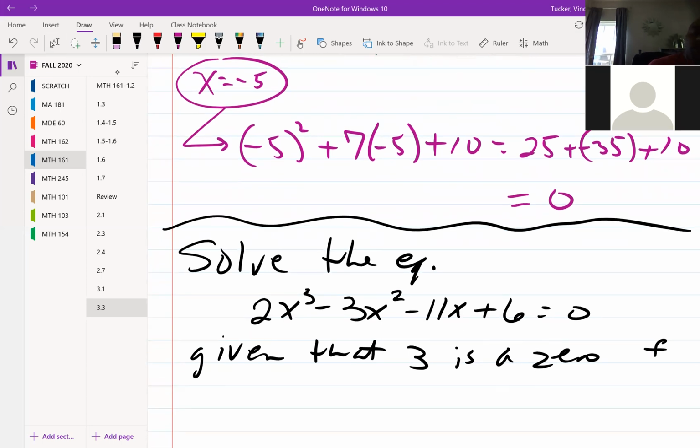Let's just say 3 is a 0. All right, so solve the equation 2x cubed minus 3x squared minus 11x plus 6 equal to 0, given that 3 is a 0 of this function.